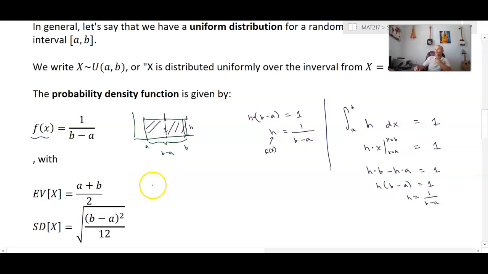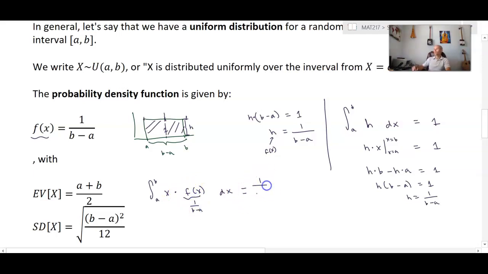We can say that if we look at the sum from a to b of the function of x times the function, the value times the density, dx, our density function is 1 over b minus a. So this right here is going to be 1 over b minus a.